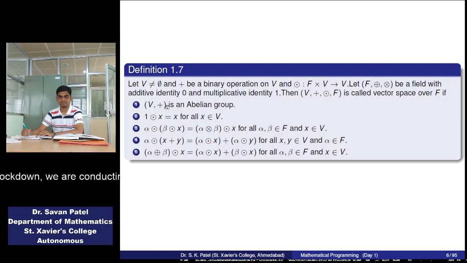So if V is given with a binary operation and a field, then it is called a vector space if these 5 conditions are satisfied.